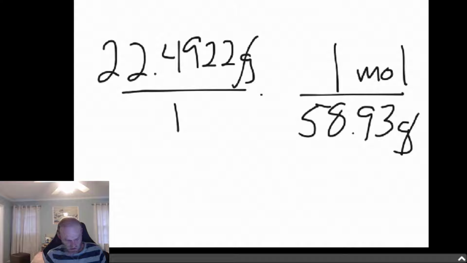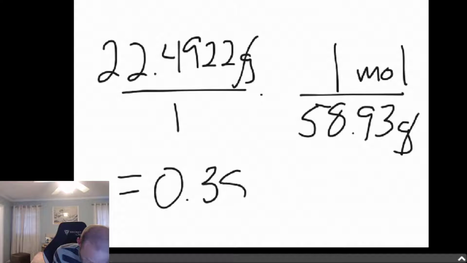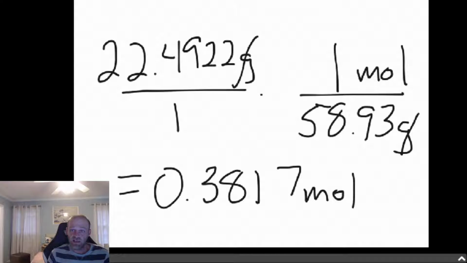All right, 22.4922 divided by 58.93 equals 0.3817 moles. And I used 4 significant figures because the least significant number I have has 4 significant figures. So that's why I use 4 in the answer.